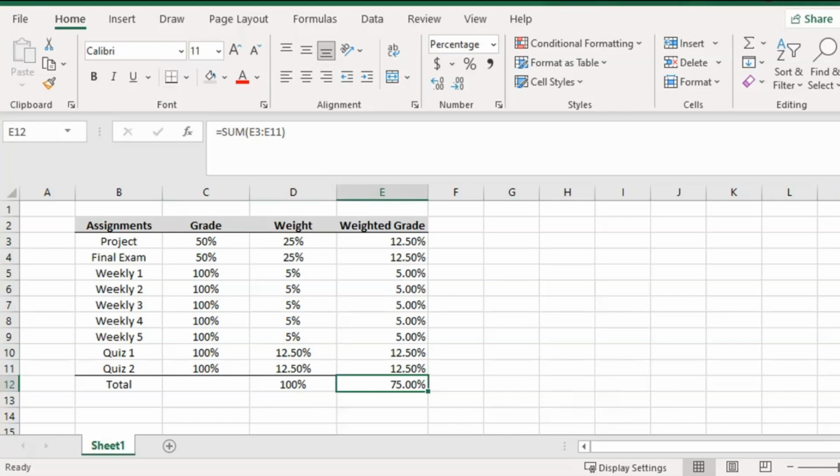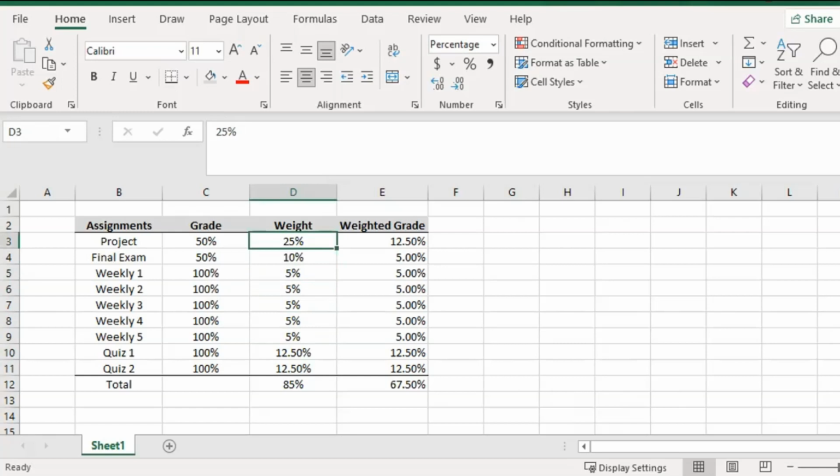So this is ultimately how you compute a weighted average using Excel. The key to keep in mind is that the sum of your weights should always be 100%. Let's say we made a mistake and made our final exam worth 10% of the grade. Well, this 67.5% is not an accurate representation because our total is less than 100%. The total should always be 100%.